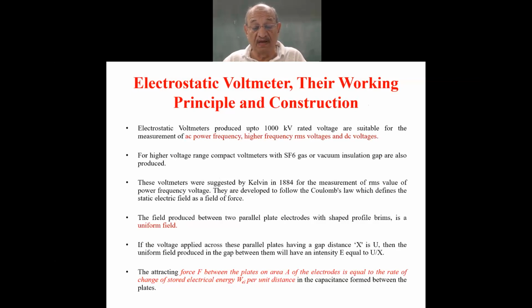or any other voltage at higher frequency, but it measures the RMS value of the voltage, and it can also measure the DC voltage. Obviously, it cannot measure the impulse voltage, because there only the peak voltage is measured, but these electrostatic voltmeters are designed on the principle where they can measure only the RMS values.